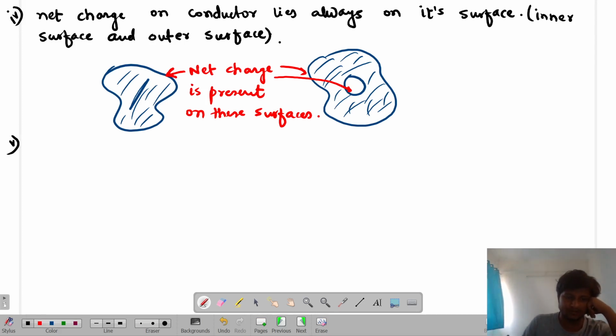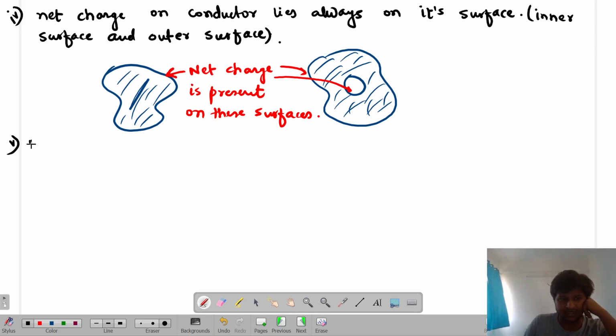Fifth point. Now, whenever I consider a conductor, I need to define the electric field at the conductor. Now, I told you that a conductor is an open surface area, isn't it? So when I consider an open surface area, what actually happens?